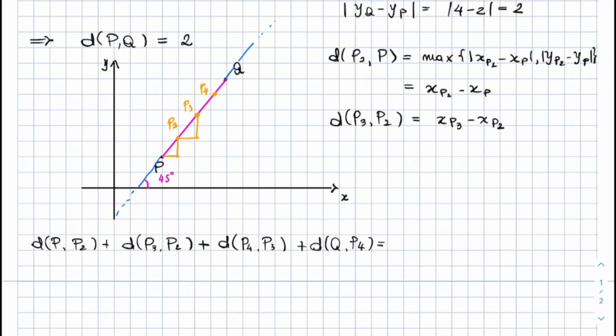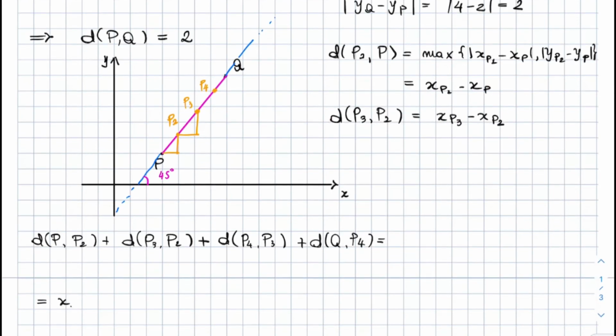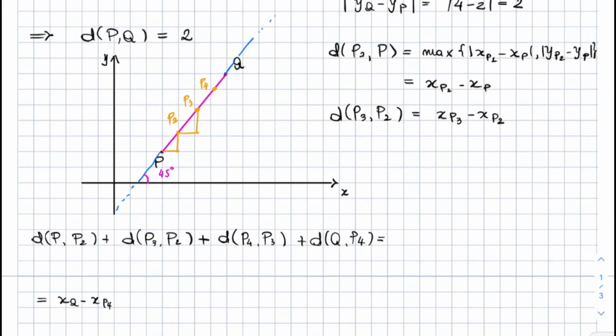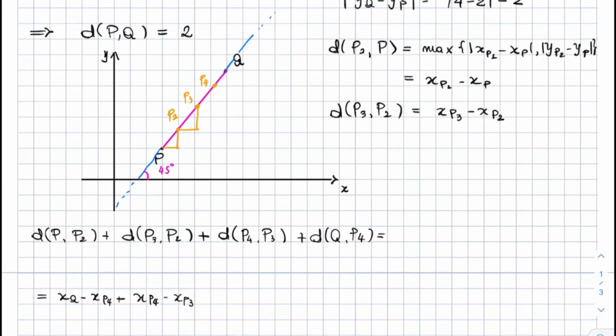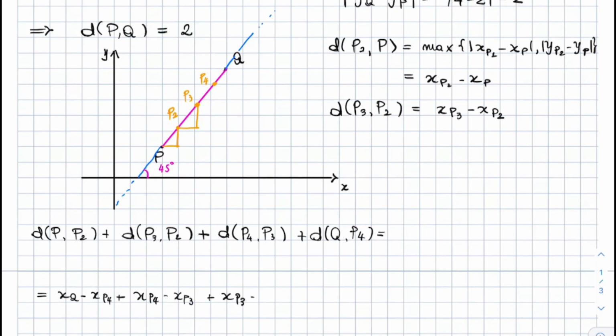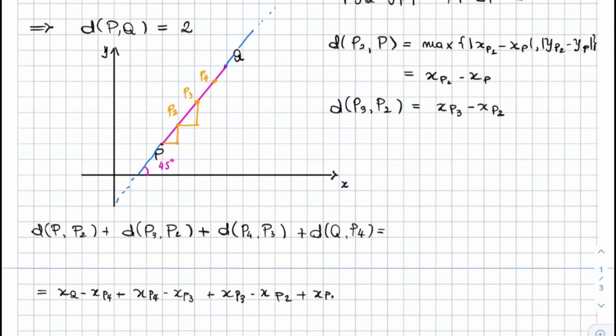So it will be equal to xQ minus xP4 plus xP4 minus xP3 plus xP3 minus xP2 plus xP2 minus xP, which is also equal to xQ minus xP, as these elements here cancel with each other.